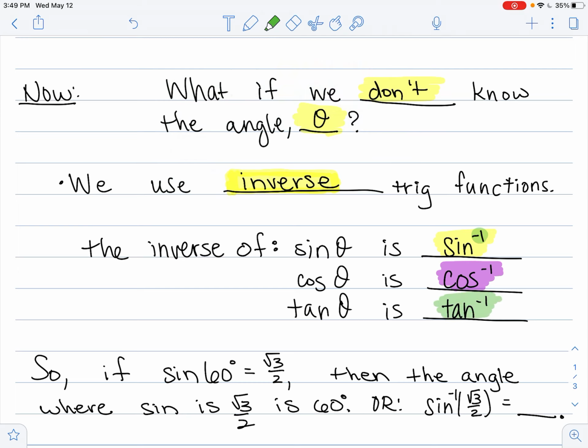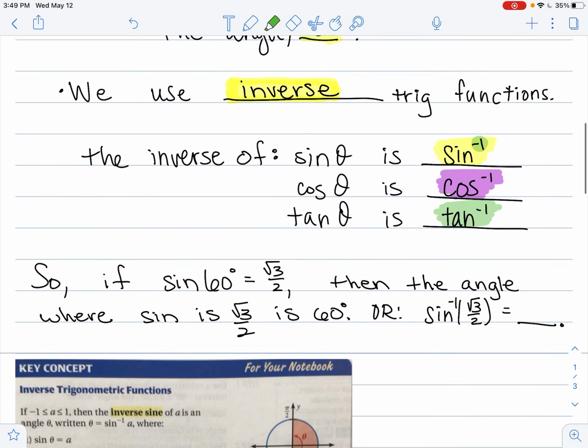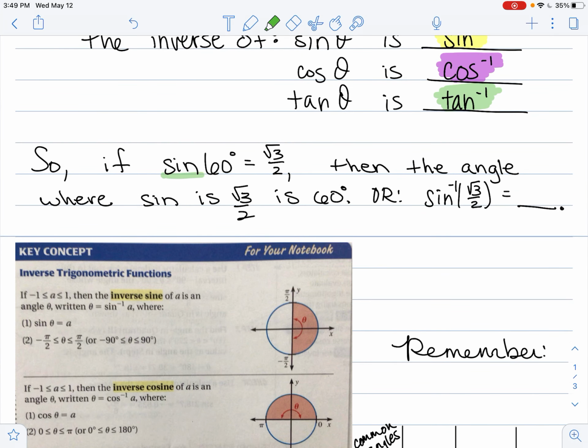So what we mean by this is instead of finding the value of a ratio of the trigonometric function of an angle, we would use an inverse to find the angle. So if sine 60 is √3/2, then we're finding the angle where sine is equal to √3/2, which is 60.